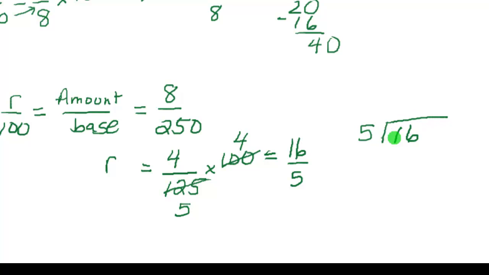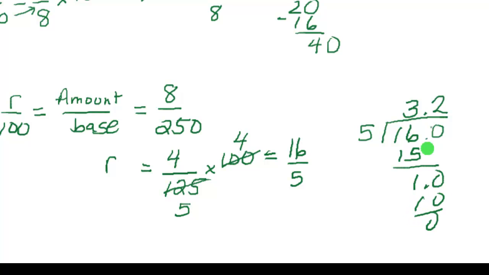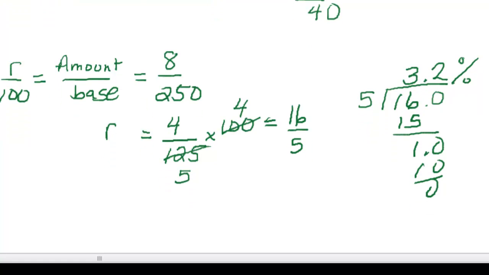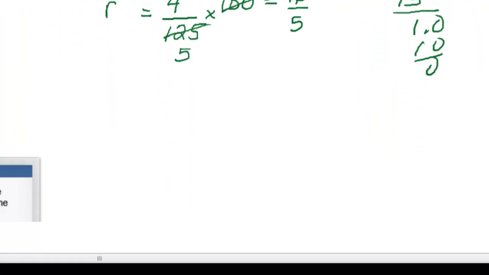And 5 goes into 16 3 times. And then we're going to have 3.2. Looks like 3.2%. So 3.2% is your rate. That's the percentage that she misses. She misses 3.2%. Okay.